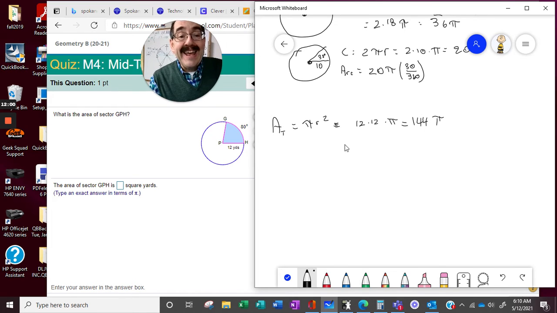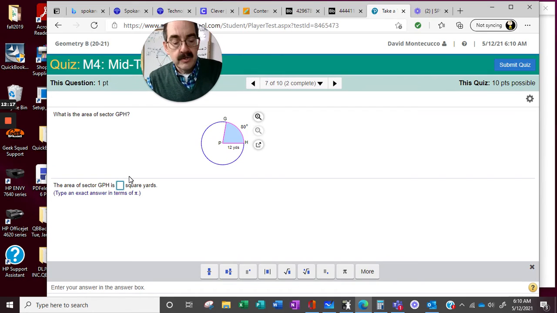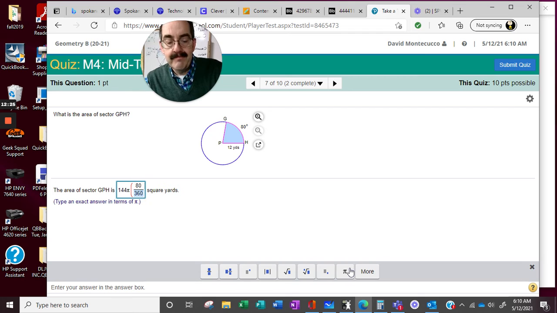But we only want 80 of the whole thing. So the area of that sector, the blue piece of pi, is 144 pi, 80 of the 360. Okay, and again, just feel free to put that in, because I'll know that's what you did and that you knew, because depending on the form that we put it in, it may not like it.